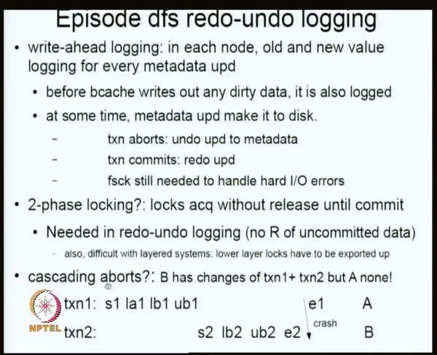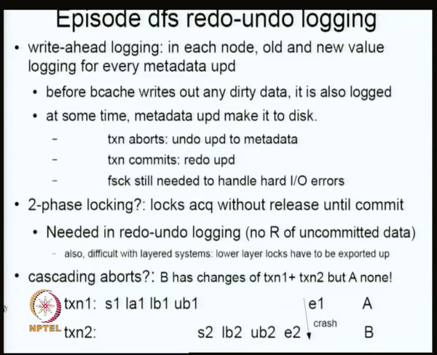So you have to keep the possibility that there can be cascading aborts, and only when the ancestor transaction is completed can you release the data for the subtransactions. Otherwise, you get a situation where, for example, B has changes for both transactions, but A doesn't have any, because it is volatile and disappeared. So you have to handle this also.